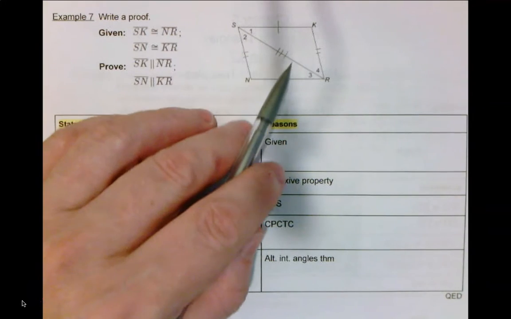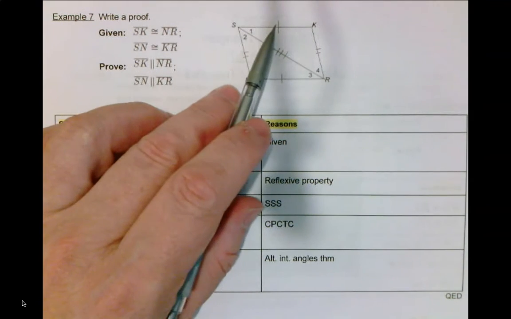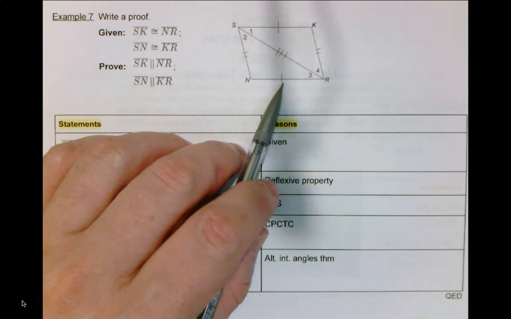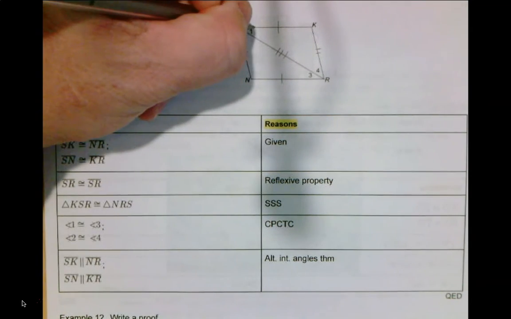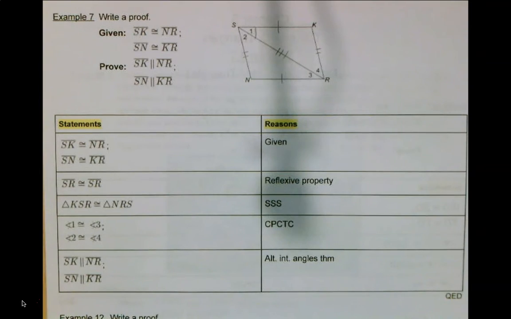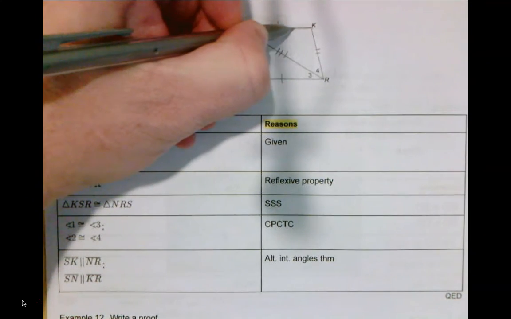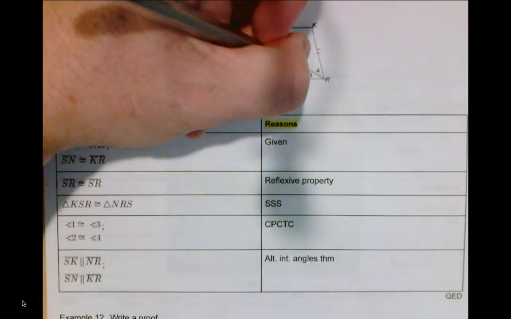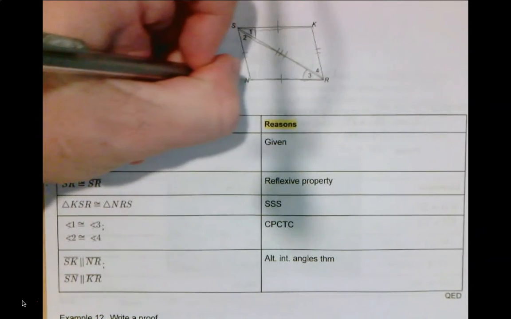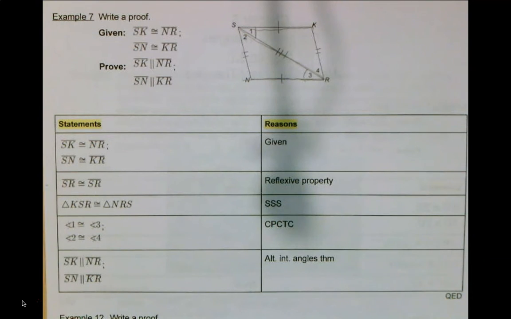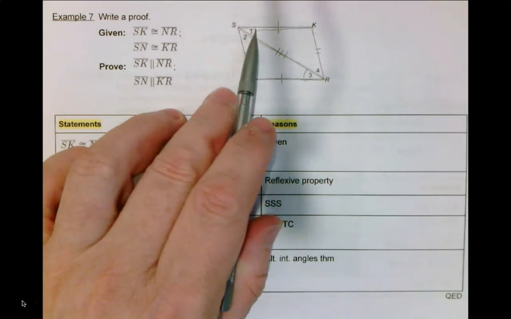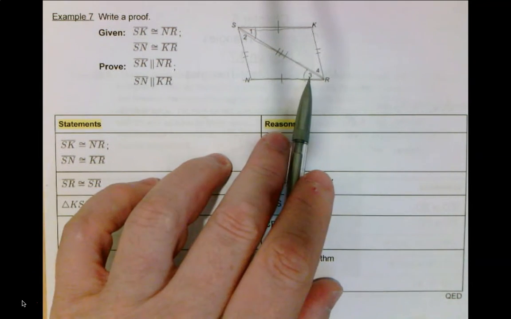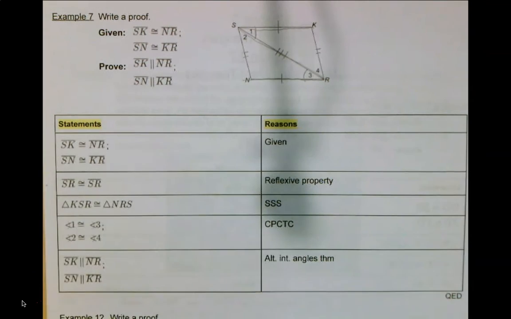Once the two triangles are congruent, if I want to prove SK is parallel to NR, I need to know angle 1 is congruent to another angle in this diagram, and that's going to be angle 3, because it makes the alternate angle, that Z-like shape, so we now know that SK is parallel to NR by the converse of the alternate angles theorem.